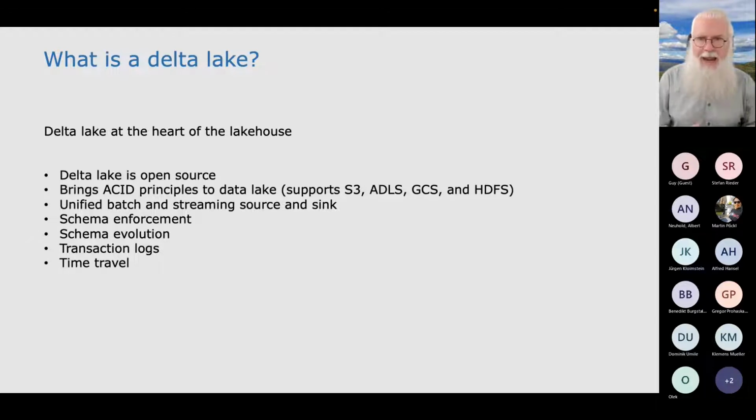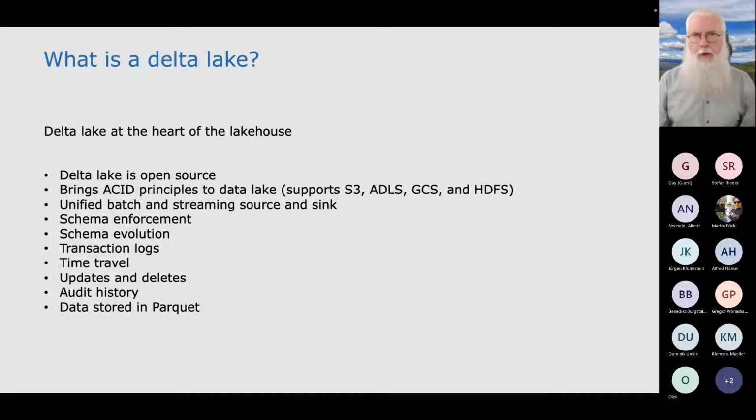The length that you can do time travel on depends on how large a transaction log you're allowing to keep. And of course, it supports updates and deletes, audit history, and underneath the hood, the data is stored in Parquet files. So each partition of the Delta Lake table will be a Parquet file, and then there's an API wrapper around that that exposes that data as a single unified table.